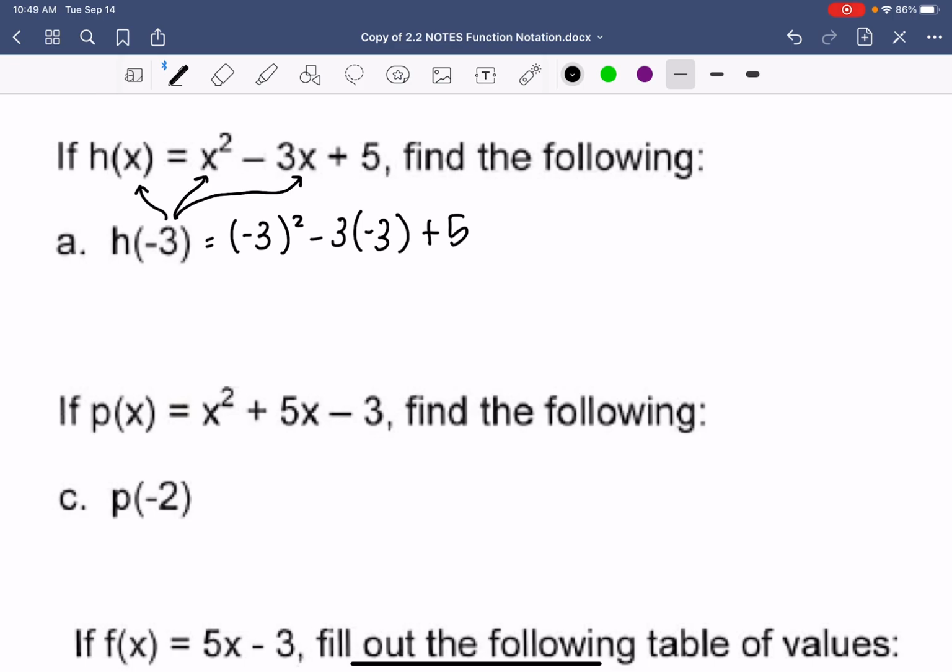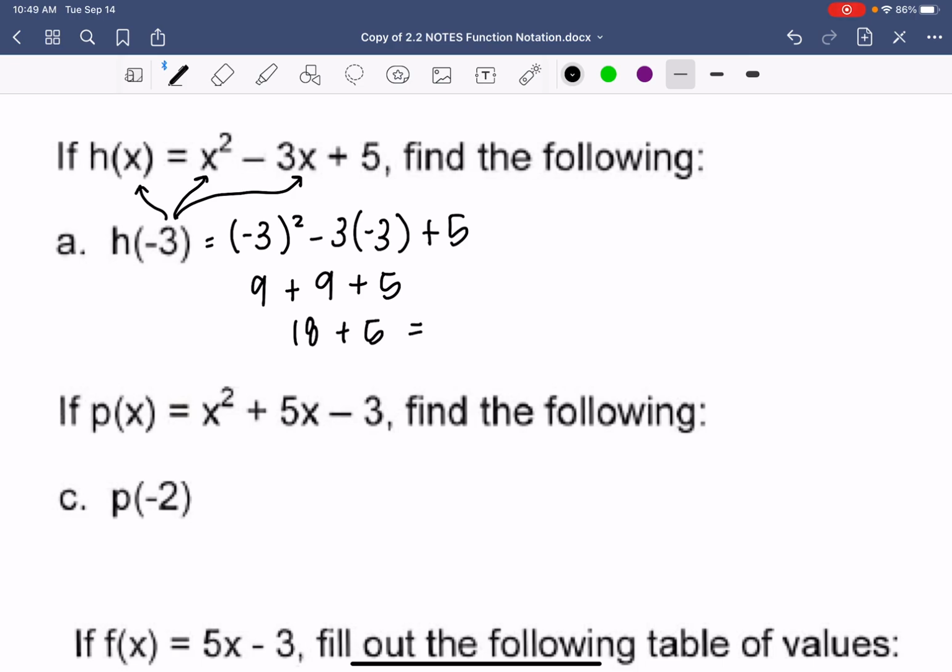So again, I always use parentheses because it lets me know what I plugged in and making sure I plugged it in correctly. So negative 3 squared is a positive 9. So negative 3 times negative 3. Again, another negative 3 times negative 3. Take the sign with it. When we do that, we get a positive 9. So I'm going to add 9. And then we add on the 5 on the end. 9 plus 9 is 18.